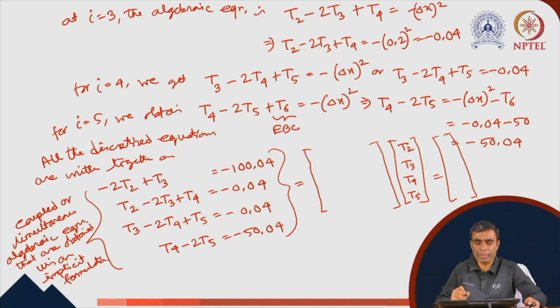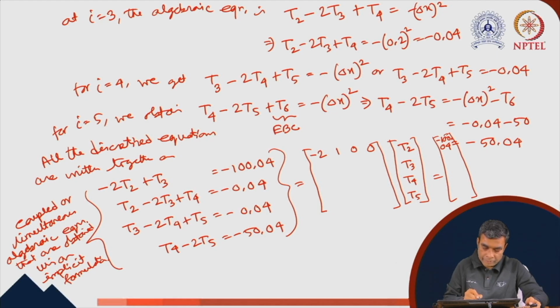For the first equation, our terms are T2 and T3. So we have minus 2T2, so it is minus 2. For T3 it is 1, and we don't have any contribution from T4 and T5, so these terms are 0. The right hand side will be minus 100.04.